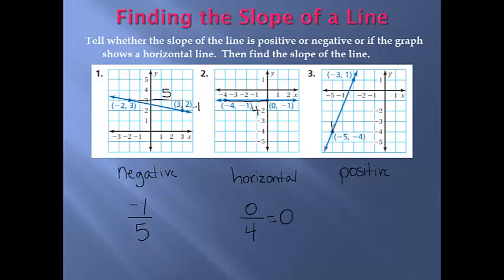We're going to go up 1, 2, 3, 4, 5. And then for our run, we'll go over 1, 2. So our rise was 5. Our run, we went over 2. So our slope is 5/2.